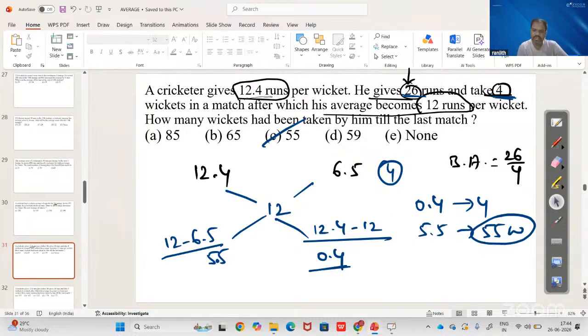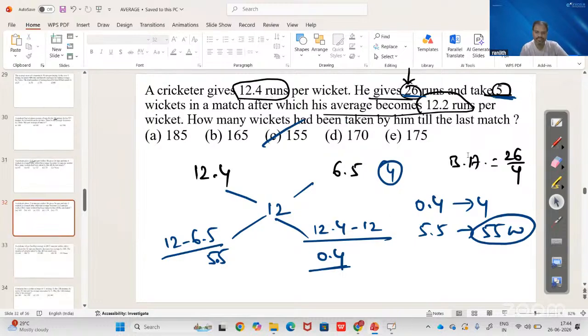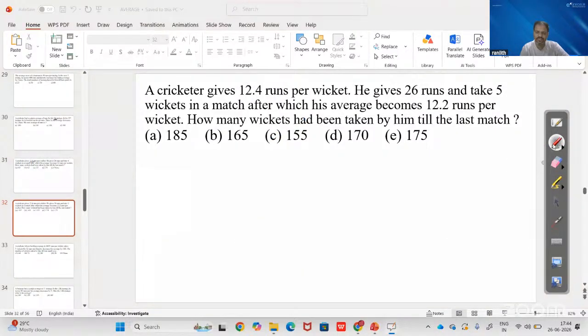Done everyone. Next question. So what is the answer for this one? Same method. What is the answer?